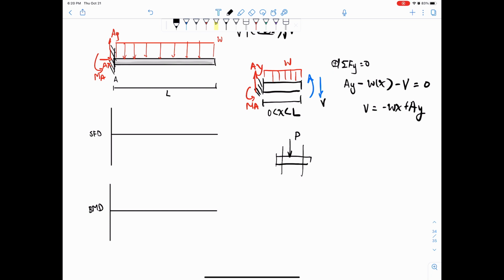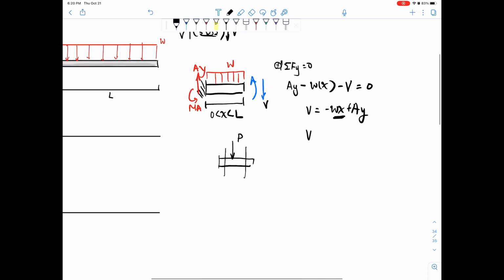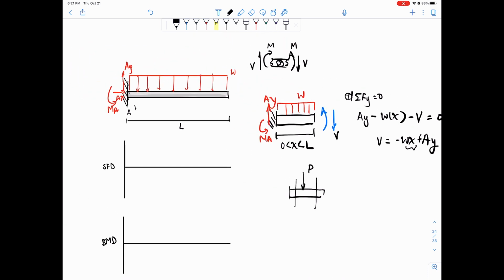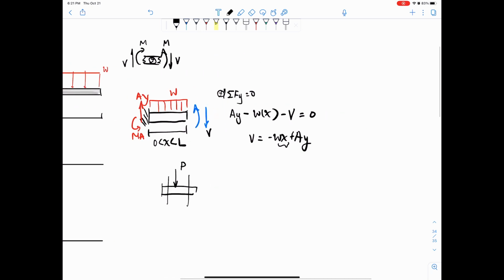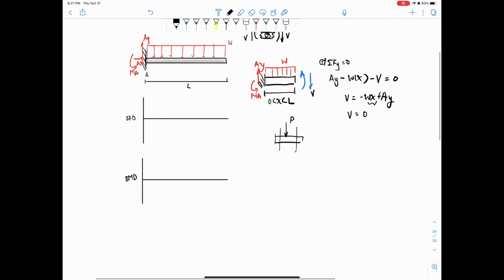What this basically means is that it's a function of the distance between 0 and L. So for this shear force, if X were to increase, which means if we move further along this beam, this whole thing would be more negative, and therefore V would ultimately equal 0. But that was a big jump.